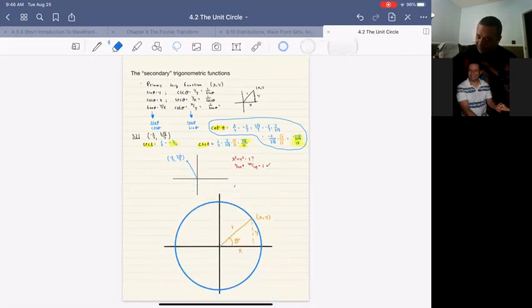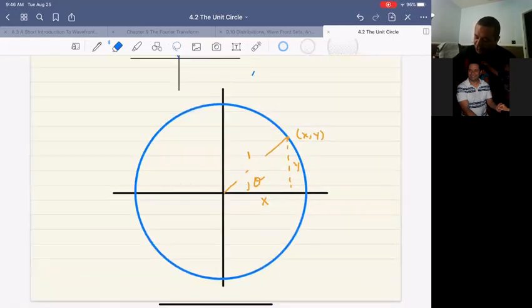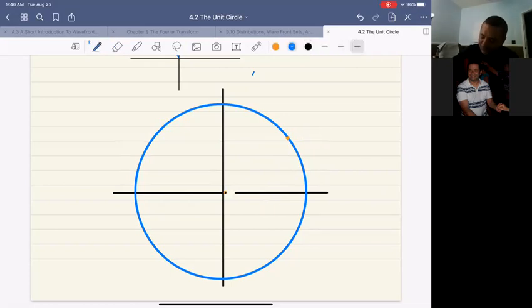Let's zoom in a little bit on here. So what we're going to do is fill out some known values on this.